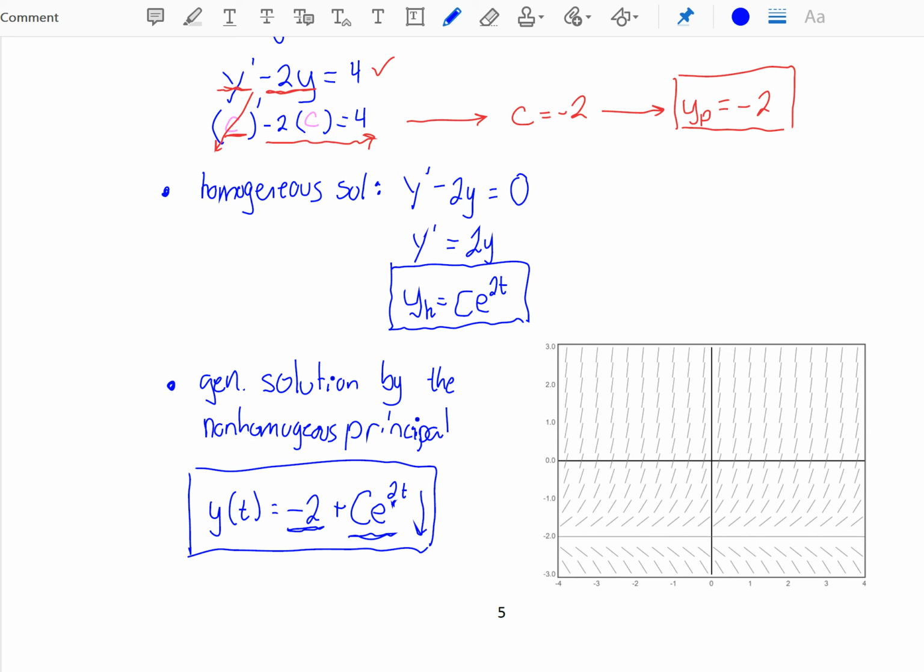Hence, we have our solution curves looking like exponential functions that have been shifted down 2 units. So here are a couple of solution curves that I could draw. Get a familiarity with what these solutions will look like graphically.